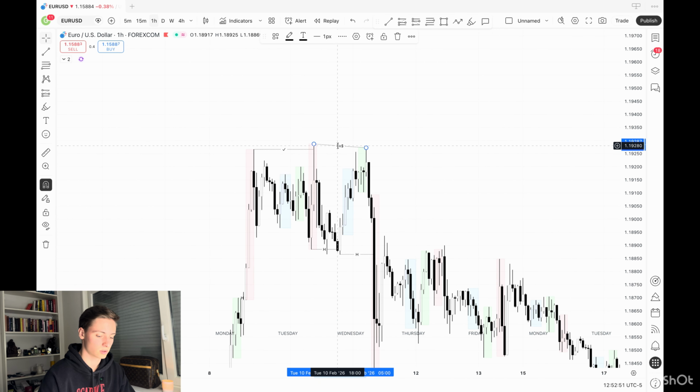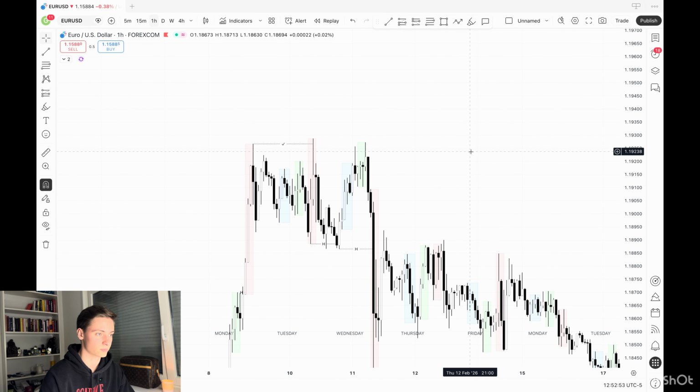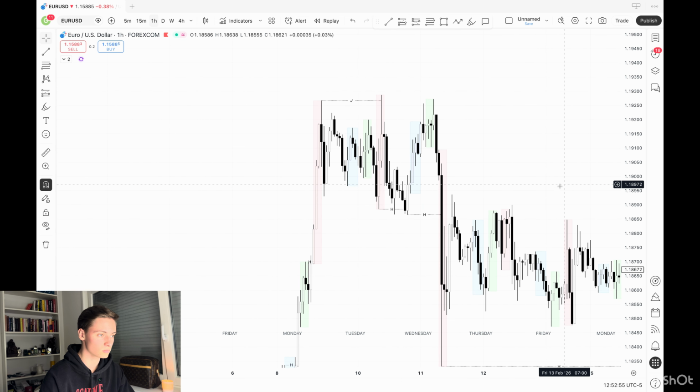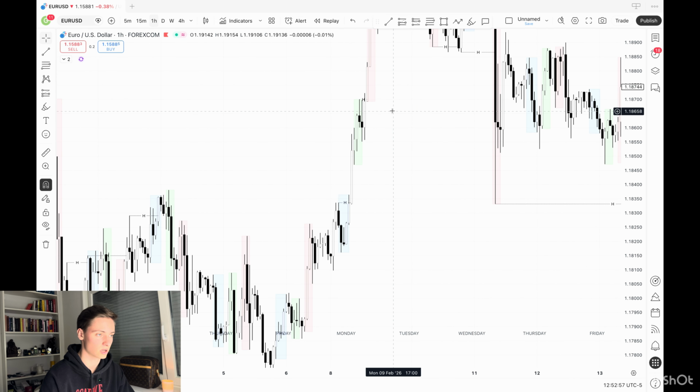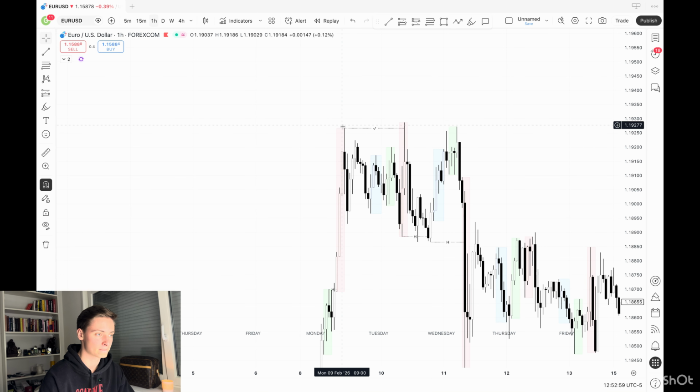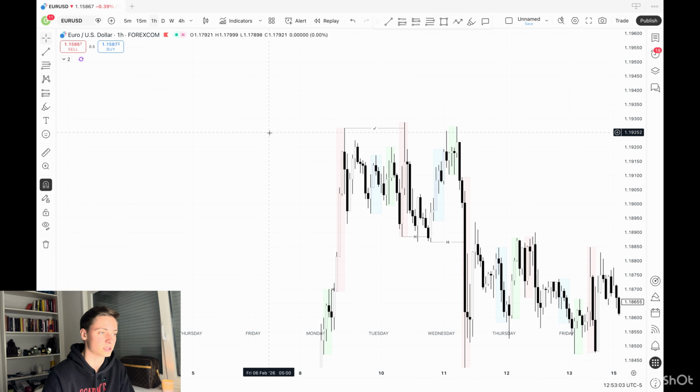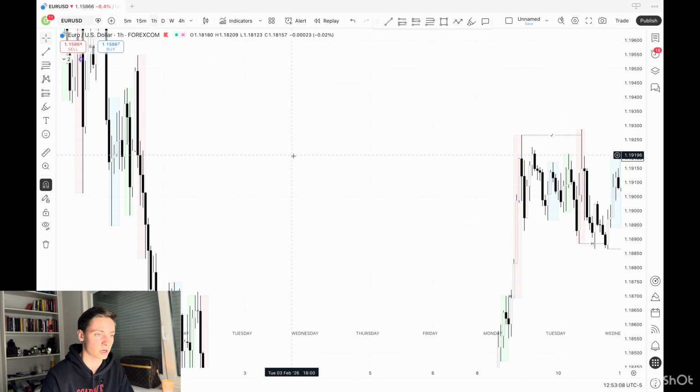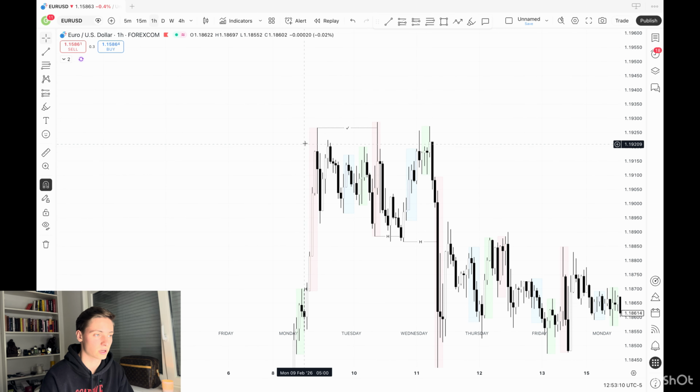For example, here on the EURUSD chart, as you can see, we had some really aggressive uptrend, and then some traders maybe saw it as a really good opportunity to sell. Maybe we tapped into some higher time frame fair value gaps, and they sold here, and this high became a very, very big pool of liquidity.